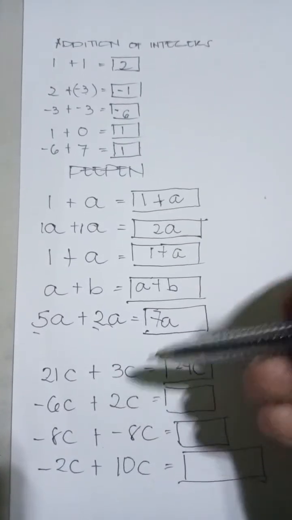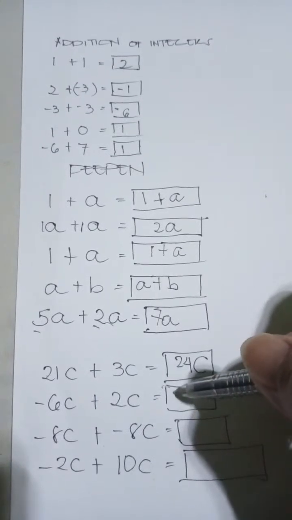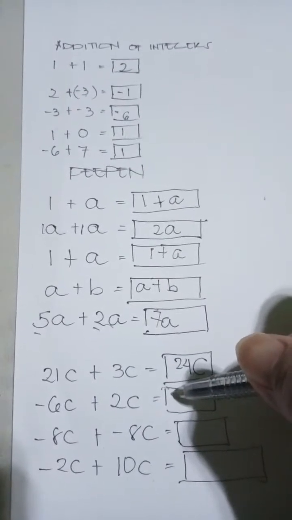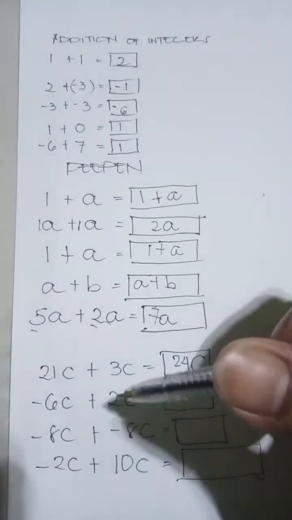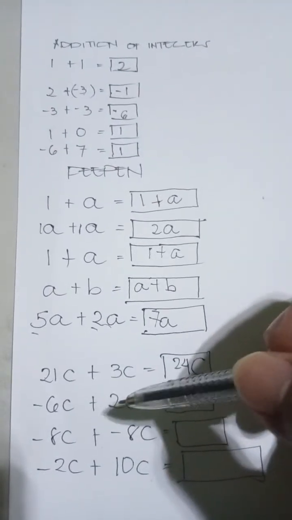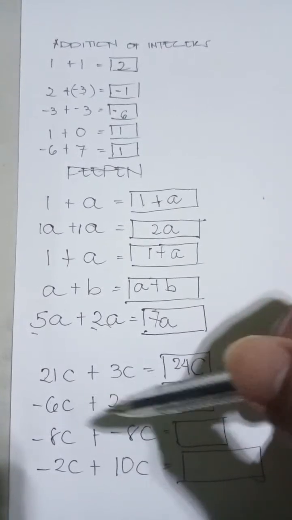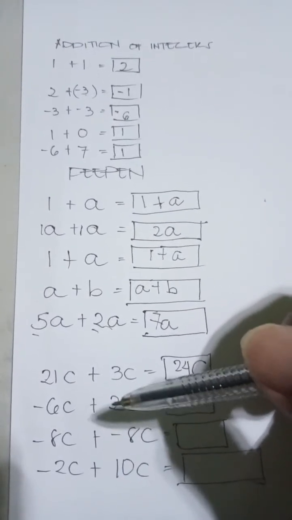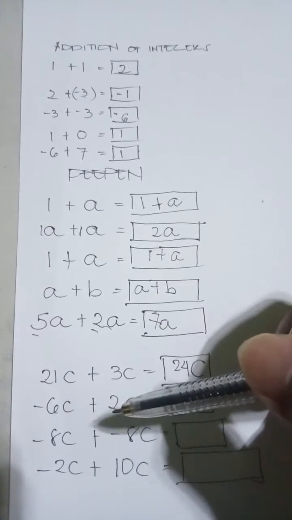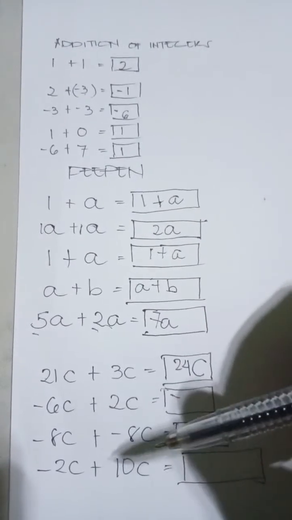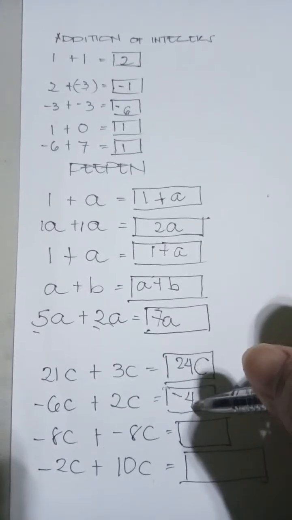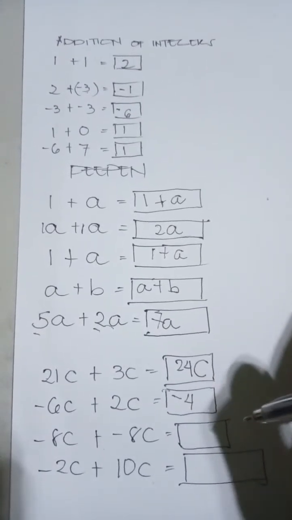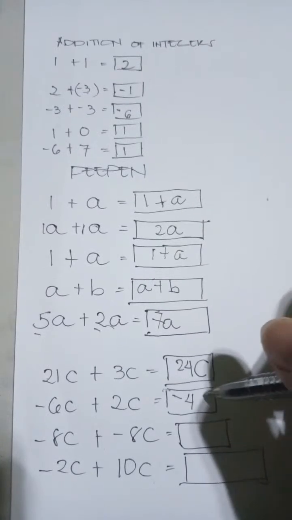You copy the sign of the larger number. The larger number is 6, which has a negative sign, therefore I will copy the negative. Then, what is 6 minus 2? Proceed deducting because the signs are different, though the operation is positive. So the answer is 4. Do we need to copy c? Yes.